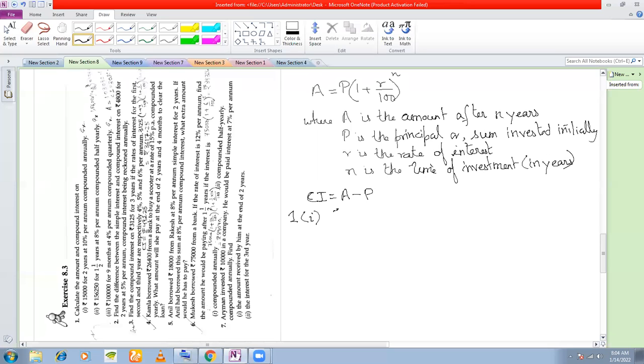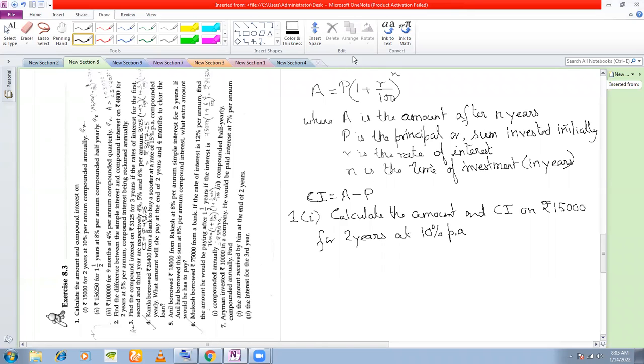So the question is: calculate the amount and compound interest on rupees 15,000 for 2 years at 10% per annum, compounded annually.